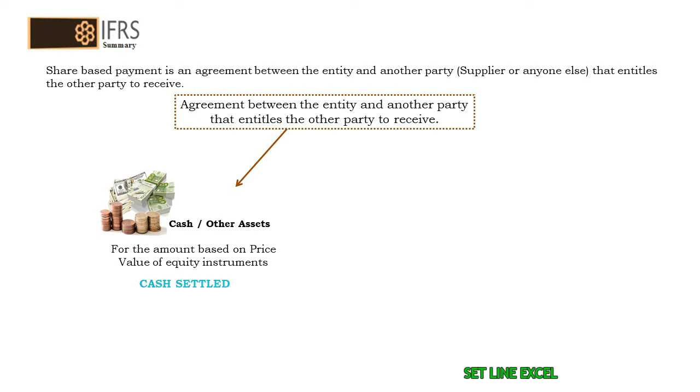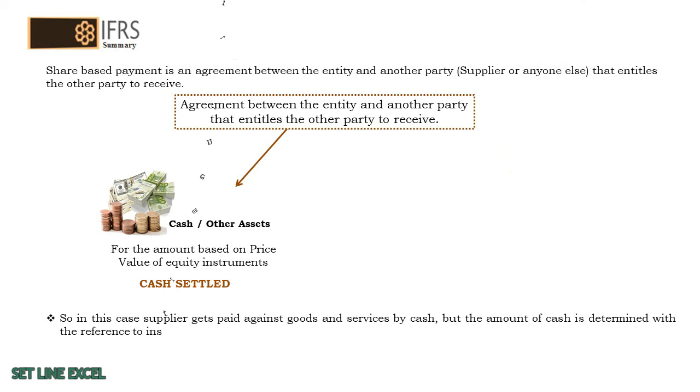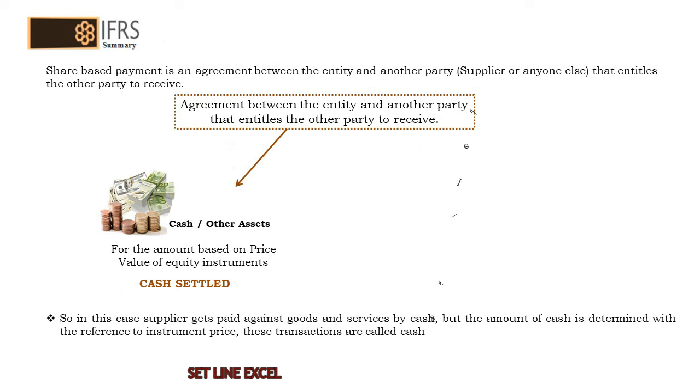Cash settled. So in this case, the supplier gets paid against goods and services by cash, but the amount of cash is determined with reference to the instrument price. These transactions are called cash settled.